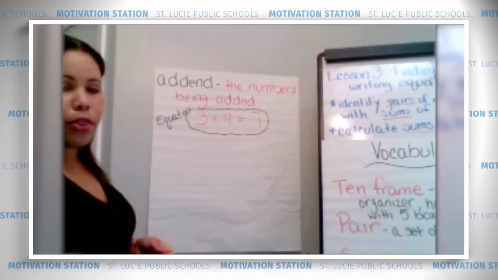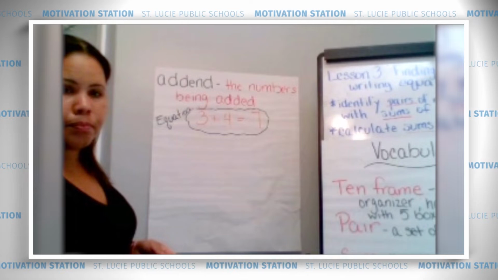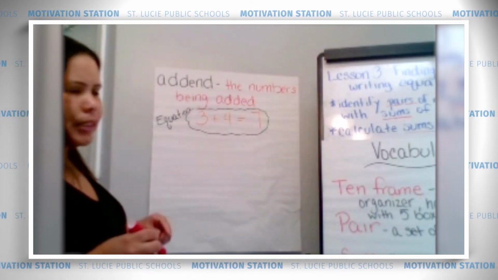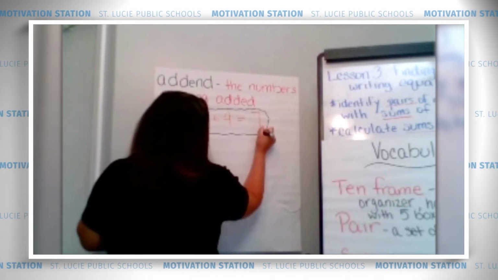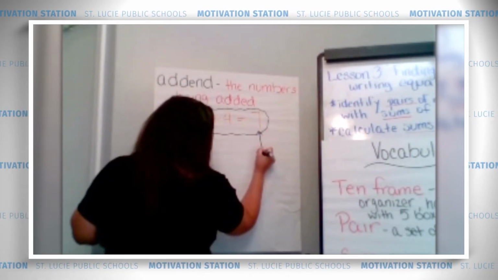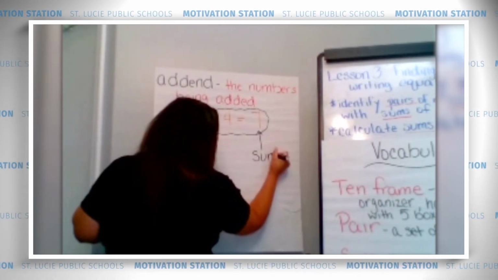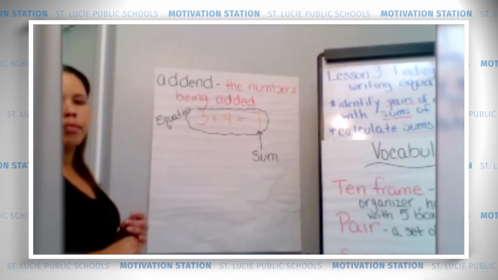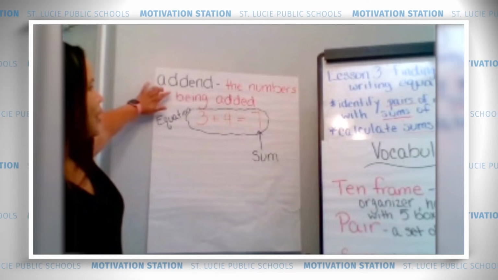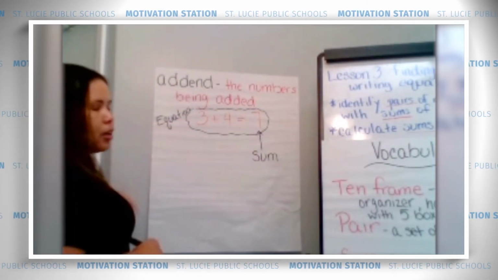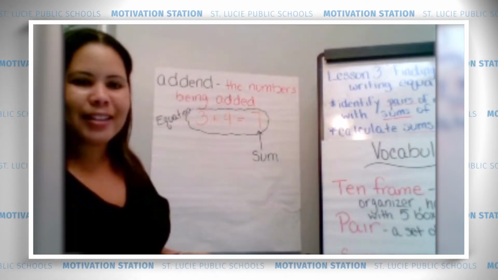We discussed the word sum, and we said the sum is the answer to an addition equation. So 7 is your sum. And the last word we talked about was addend, the numbers being added. So which two numbers are being added together?